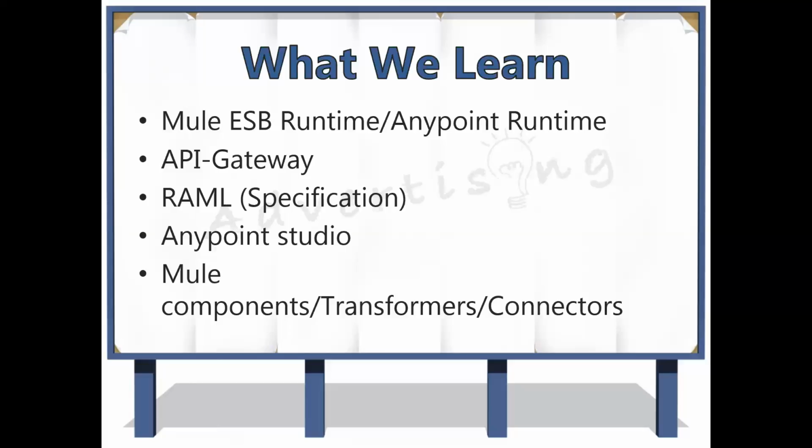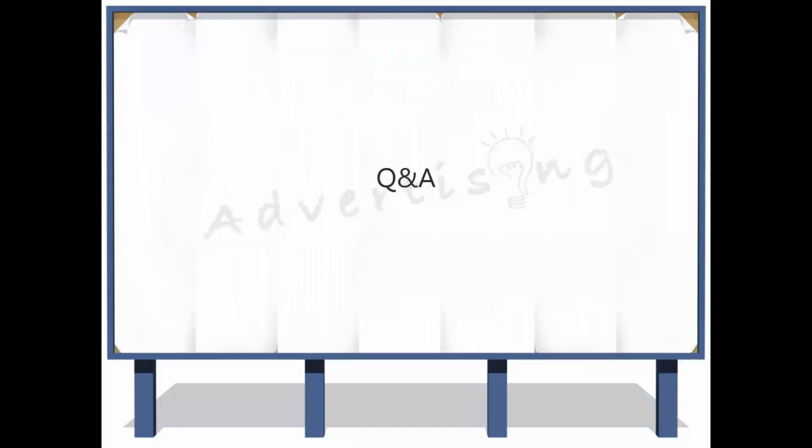But Anypoint Studio gives you the UI representation of the XML for your configuration files. And finally, the Mule components, transformers, and connectors, which are part of the Mule ESB. These components we will use in our flow design, where the actual transformations and connectivity happen. That's all I have. Do we have any questions?